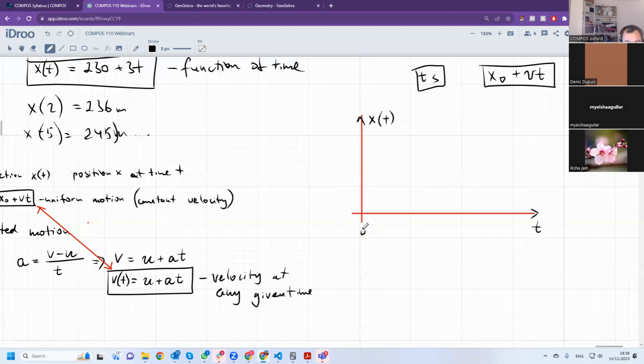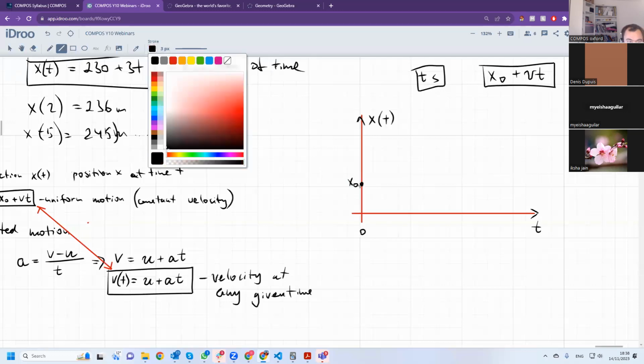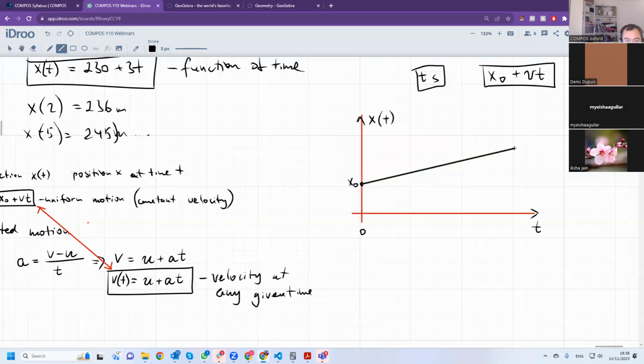So when time is 0, your position is x0, and then your position with respect to time is x0 plus vt.